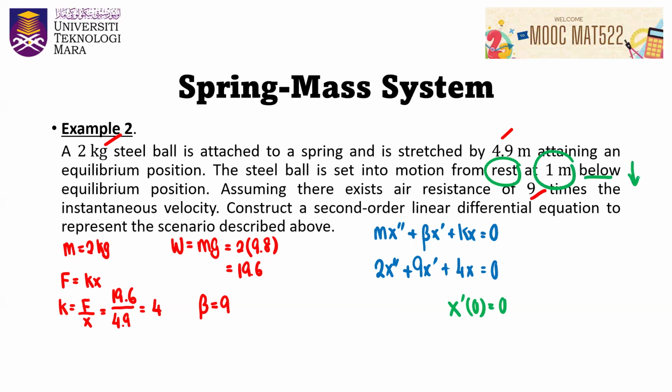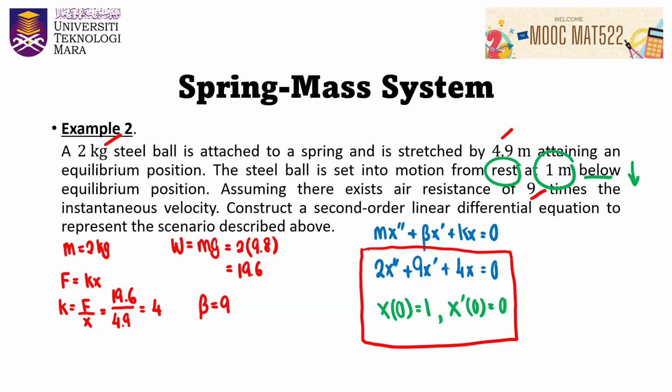Again, the downward direction is represented by a positive sign. Therefore, x(0) = 1. Having these two additional initial conditions together with the second-order linear differential equation, we have a complete model for this example number 2.